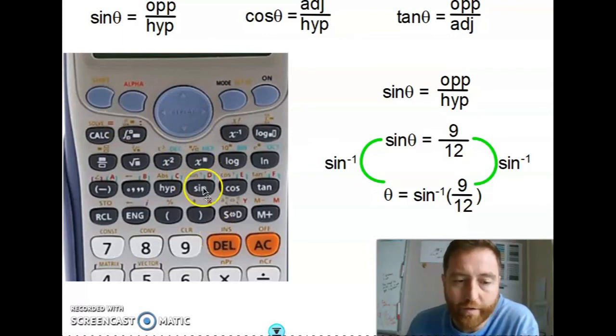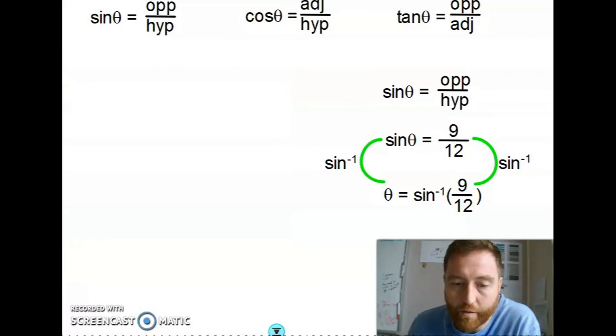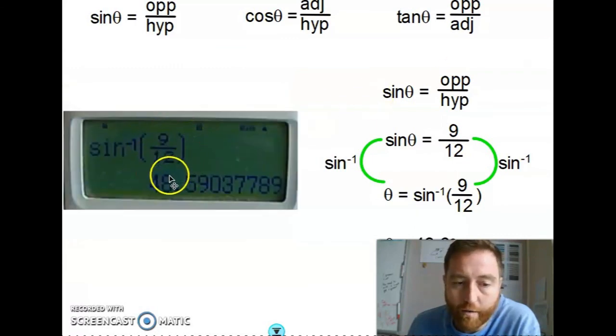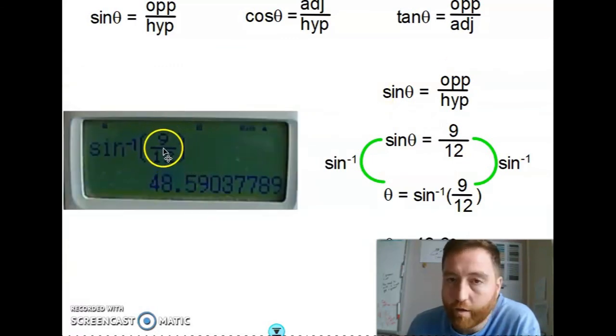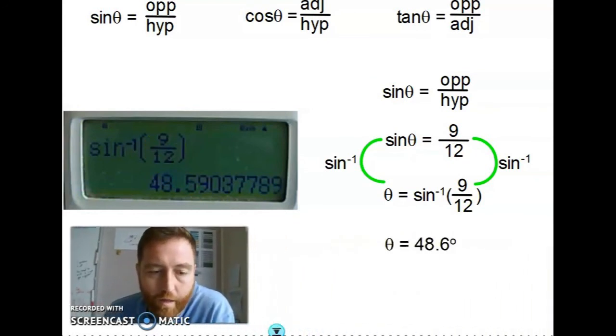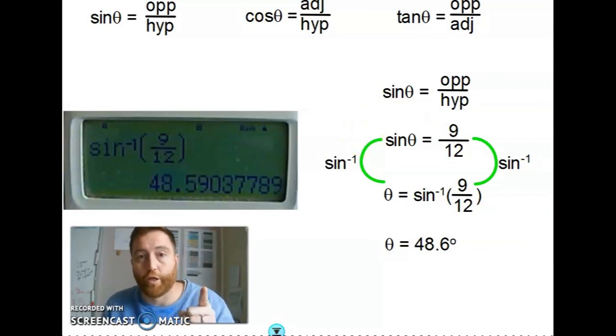So you press shift sin to do the inverse, and then you're going to put some brackets. Let's show you how you do that. Put some brackets around either 9 divided by 12 or 9 fraction 12, either one, and we should get an answer of 48.6. So the difference is that we have to press shift sin when you're finding an angle, shift.